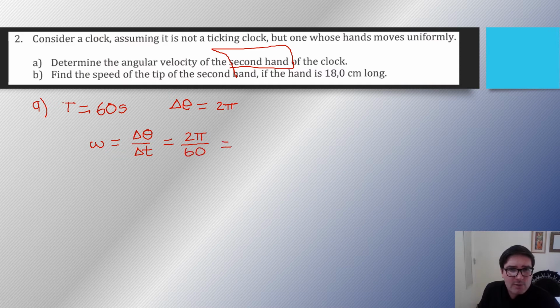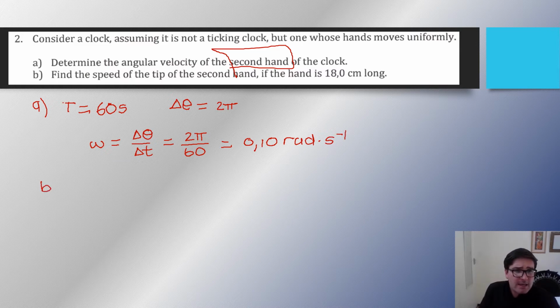Calculating that, we get quite a small value, 0.10. There are other numbers as well, but I'm just going to limit it to 2 significant figures here. So it's radians per second for angular velocity.